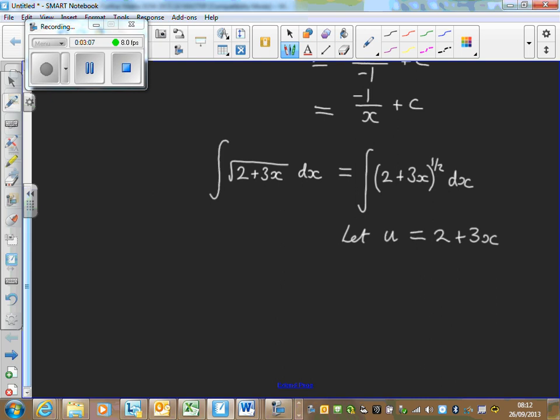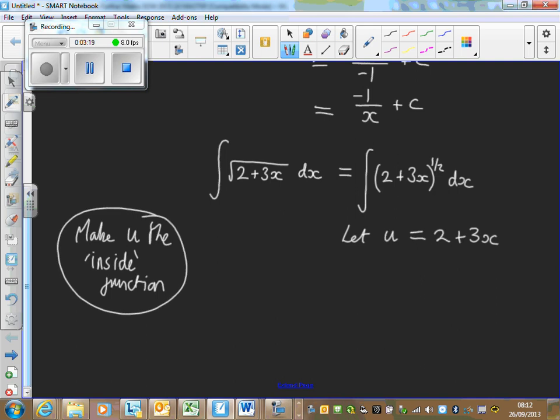I'm going to make u the inside function. This isn't a mathematical way of saying it, it's just how I think of it. So, that means that we get u to the power of a half dx.